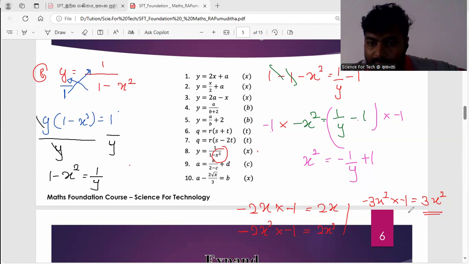Clear? Clear or no? Shall I explain it again?